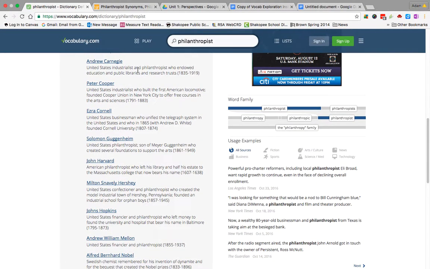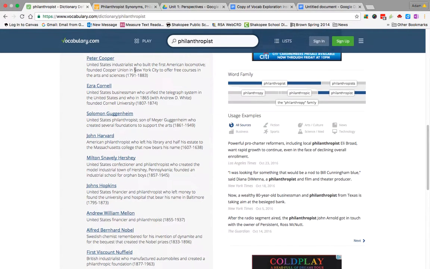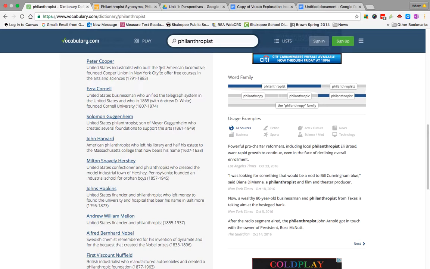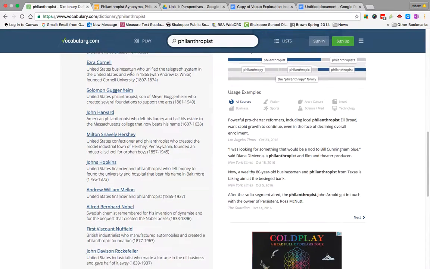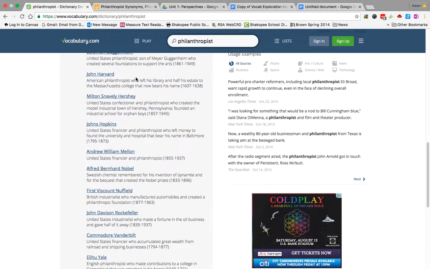So Carnegie is an industrialist and a philanthropist who endowed education in public libraries. Peter Cooper was an industrialist who built the first automotive. He also founded Cooper Union to offer free courses in arts and science. This is a guy who unified the telegraph system, but he founded Cornell University. This guy created the foundation to support the arts.